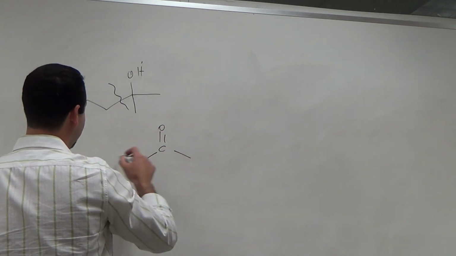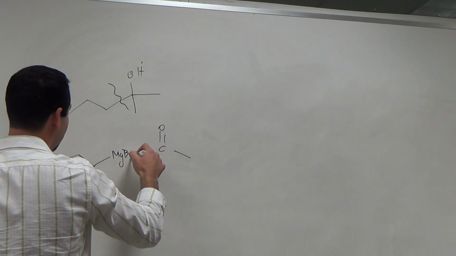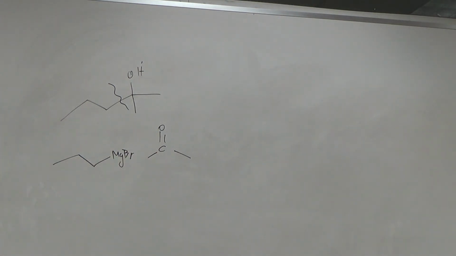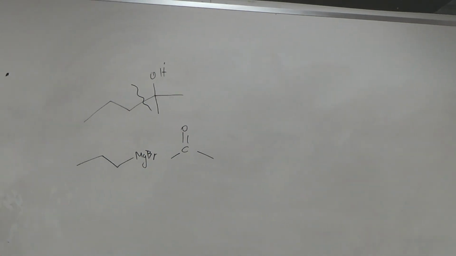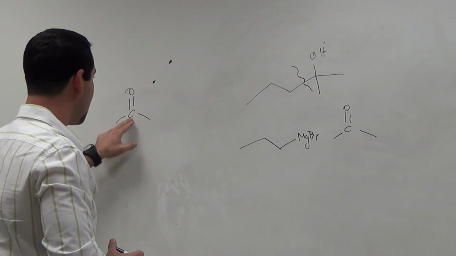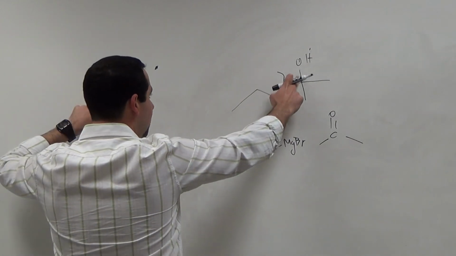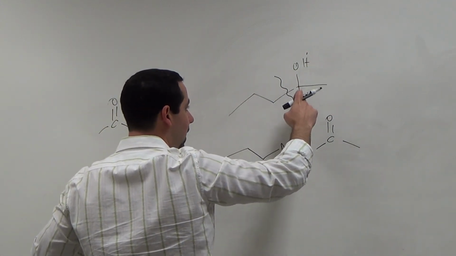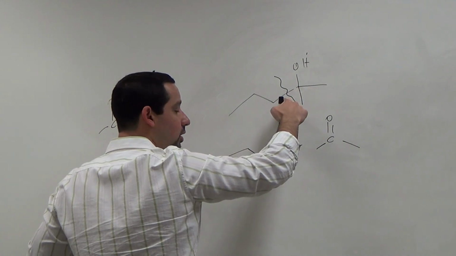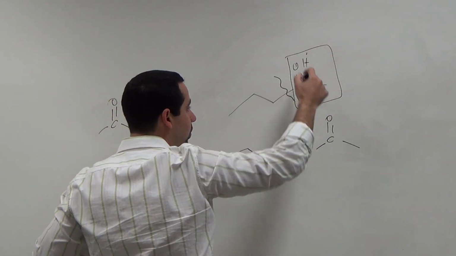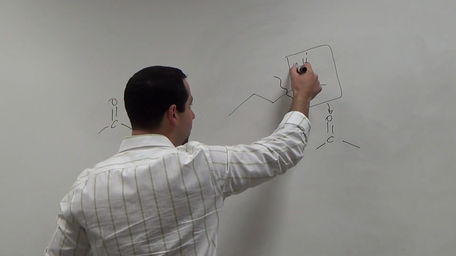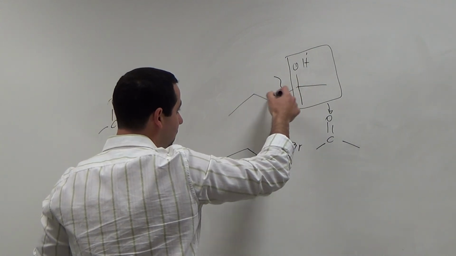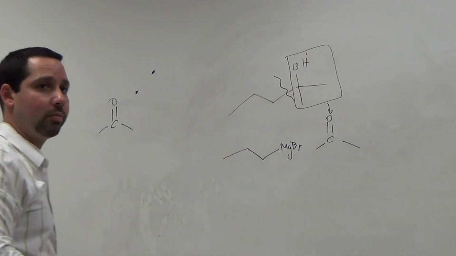So that will become that, and then the rest of it is gonna have MgBr. Okay, you need to start from here. So you need to find where this piece is in that molecule. This is a carbon with an oxygen on it. This has a methyl group here, and it has a methyl group on the other side. So I have to cut this bond to form this stuff here. I'm just going to put a double bond here, and then the rest of it, where I cut it, I just draw the same thing and put MgBr. And that's the Grignard.